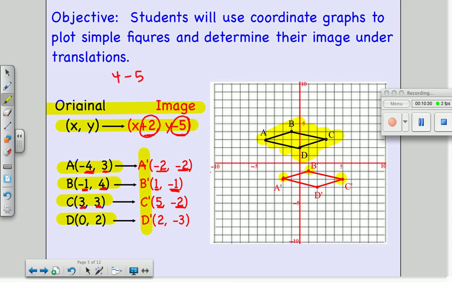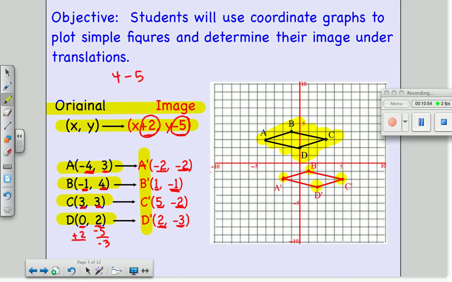And now D is at 0, 2, and it's telling us to add 2. So 0 plus 2 is 2, and to subtract 5. So 2 minus 5 is negative 3. That's it. So D is going to be at 2, negative 3, and there it is.